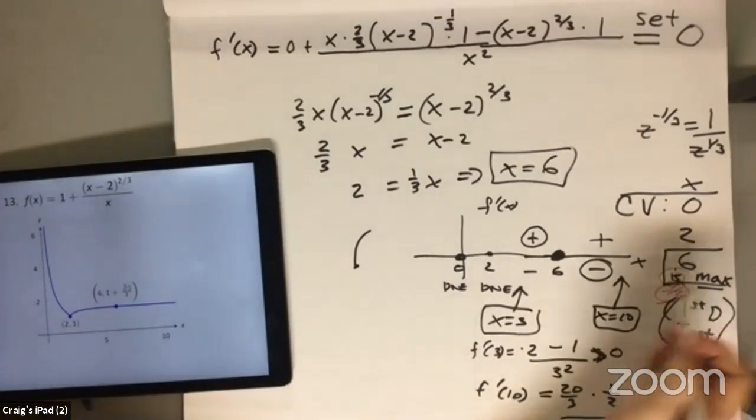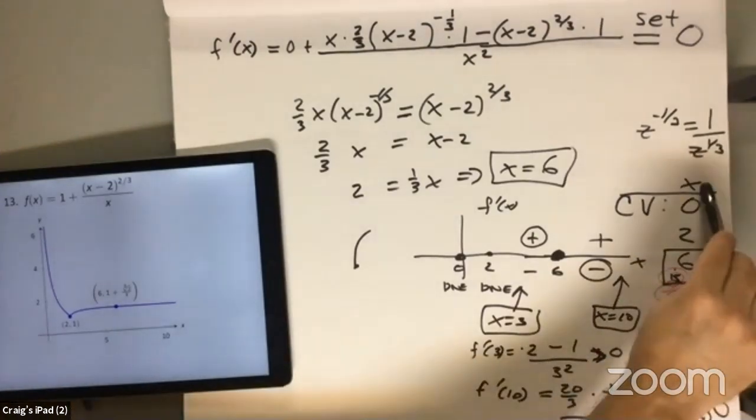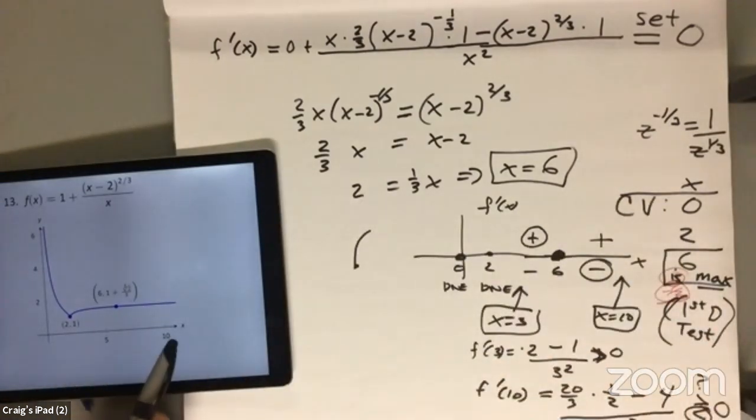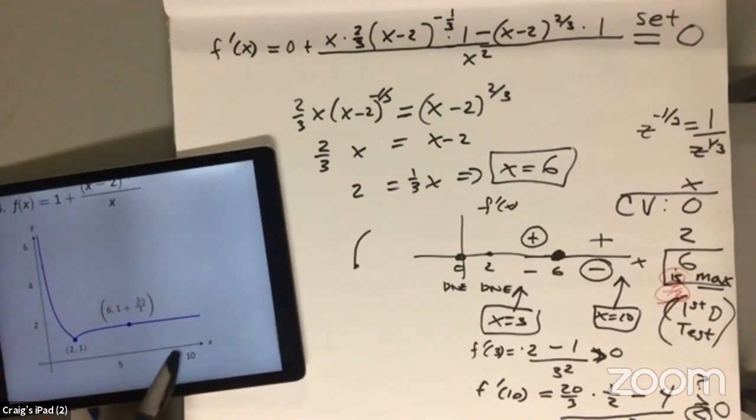So 6 is not the max. 6 is where the max occurs. 6 is the x value that you stick into the function to find the maximum. So see, 6 right here is the place where I stick in x equals 6, and then the function has a maximum there, but the maximum is f of 6.